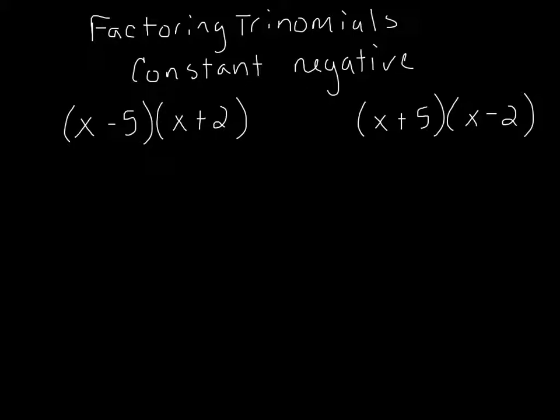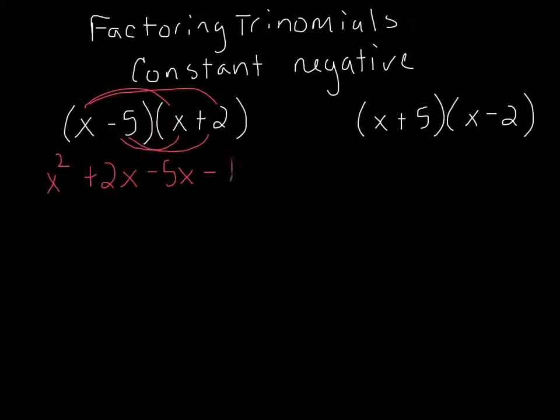Okay, so let's take a look at these two right here. First, let's take a look at this first problem. If we multiply this out, we get x squared, plus 2x, negative 5 times x is negative 5x, and then you get negative 10, because negative 5 times positive 2 will give you negative 10.